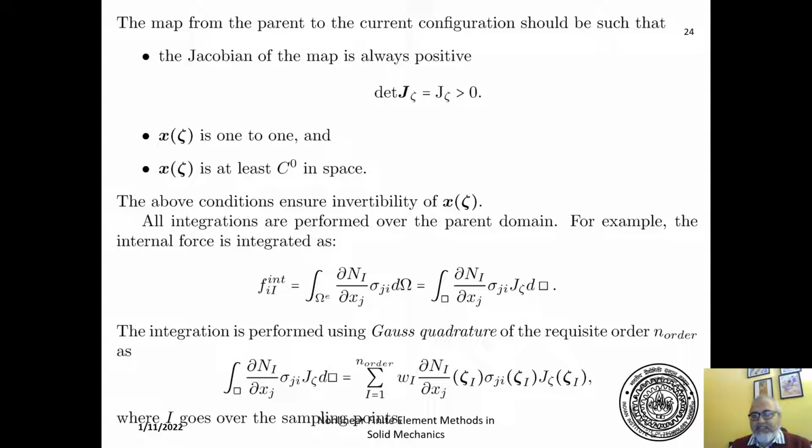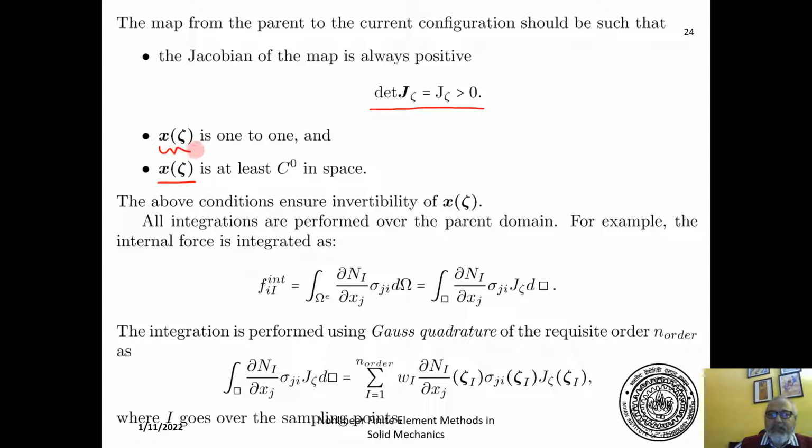There are some restrictions on the Jacobian map. We need the determinant of the Jacobian always to be positive, so that the mapping is 1 to 1, and we also need that x of zeta is at least C0 in space. The reasons for that might have been already discussed in your finite element courses. So these conditions will ensure that it is 1 to 1 and invertible.